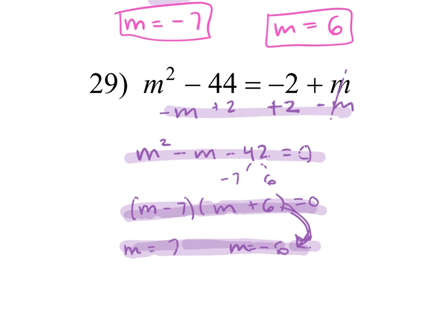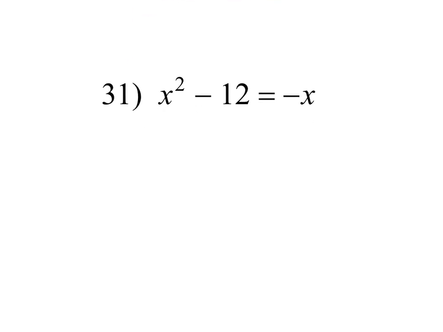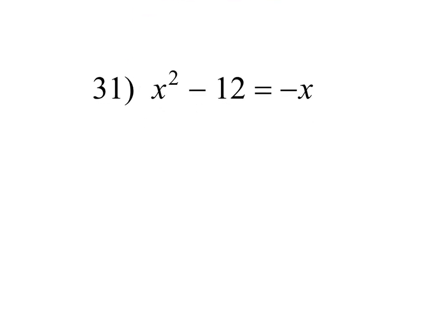Last one, 31. What do we do? Add x. So we have x squared plus x minus 12. Make sure you keep it in that order where you have your squared, then your x, then your number. What are two factors of negative 12 that add to 1? Positive 4 and negative 3.